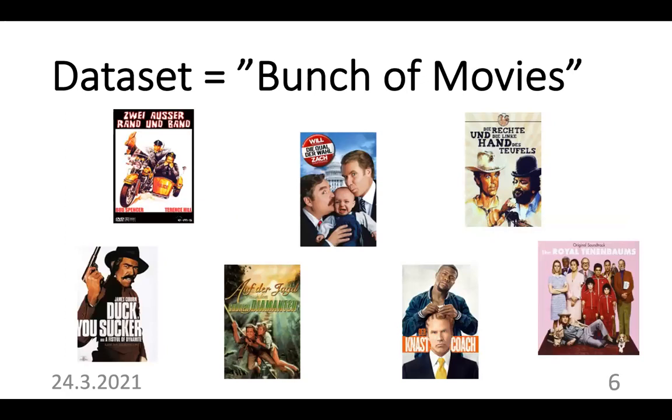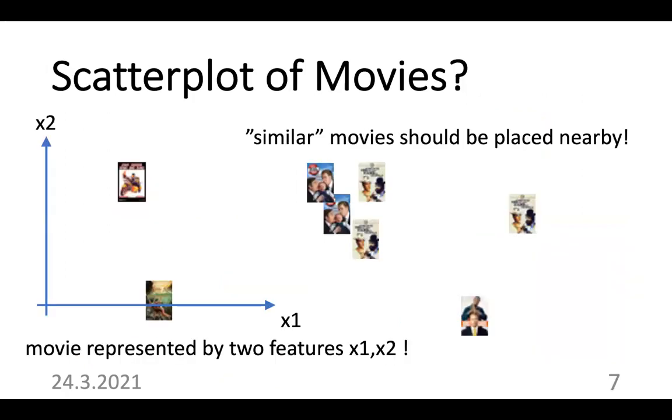But then how do we work with such high dimensional data? Ideally, I would like to understand the structure of a data set or a bunch of movies, for example, for recommendation systems. So if I want to choose a movie, I would like to start with a movie I know, which I have seen tens of times, and then I would like to find out what the similar movies are.